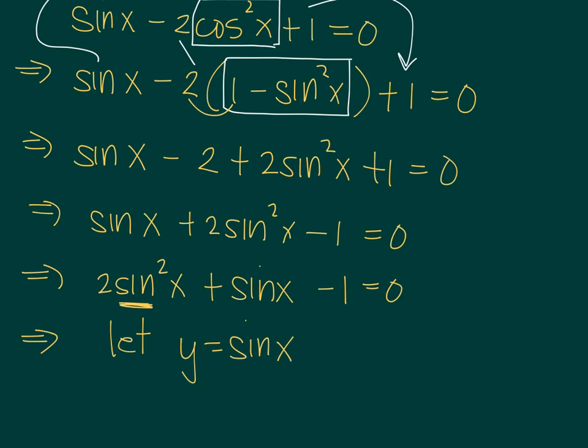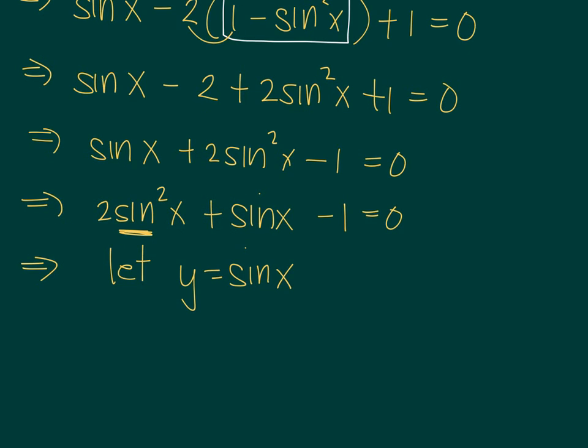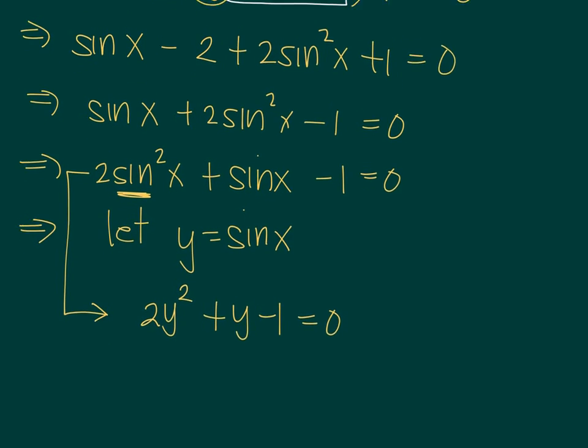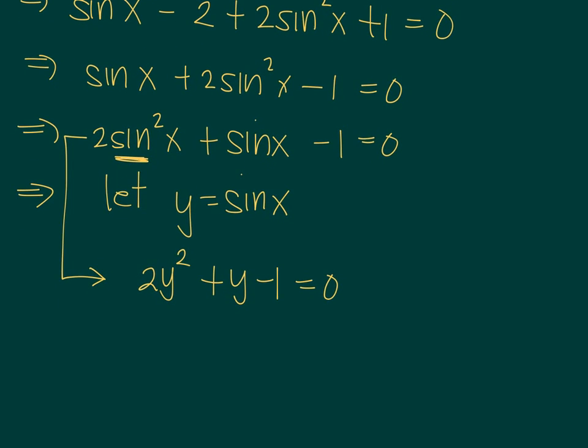If you do that, focus on this equation, it will transform into 2y squared plus y minus 1 equals 0. Again, you're trying to forget the sine x for the meantime and focus on solving for y. This can be solved by factoring.